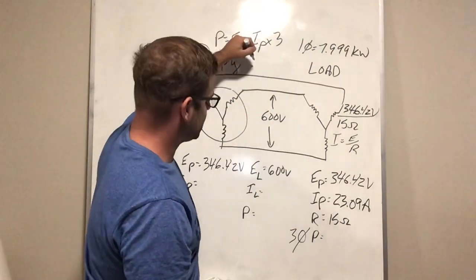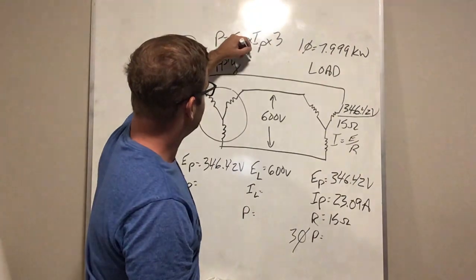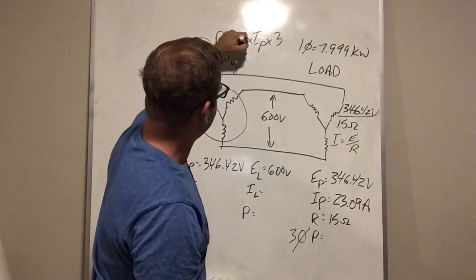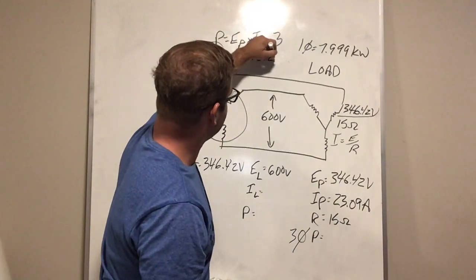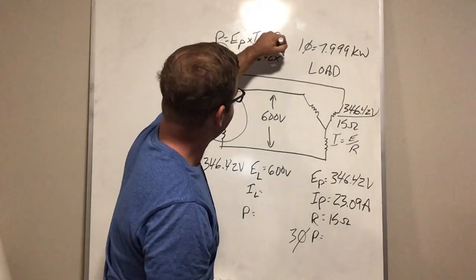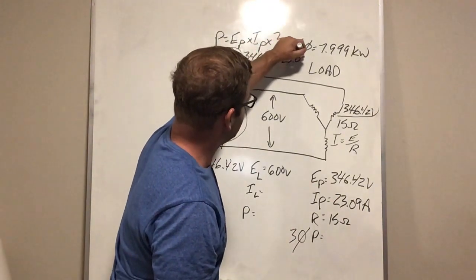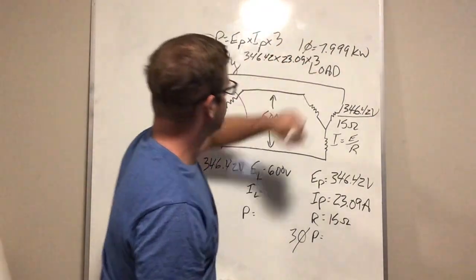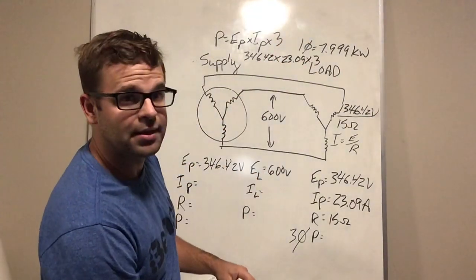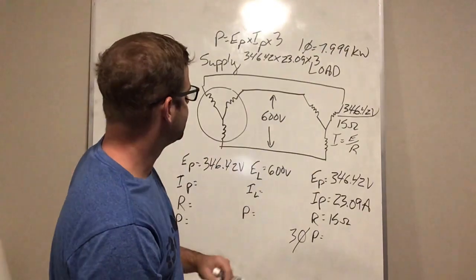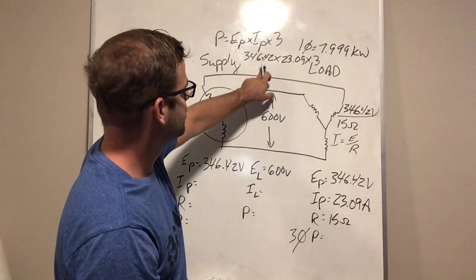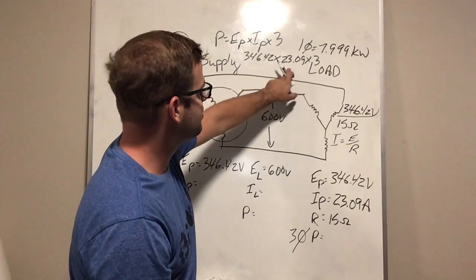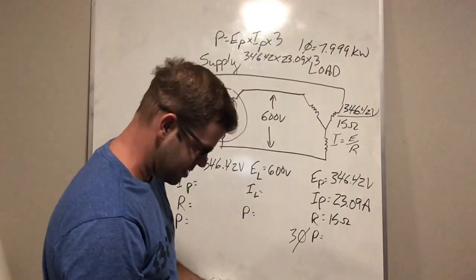But I'm simply going to take my 346.42 times 23.09 times 3. I know that's a little congested in there, but 346.42 times 23.09 times 3.